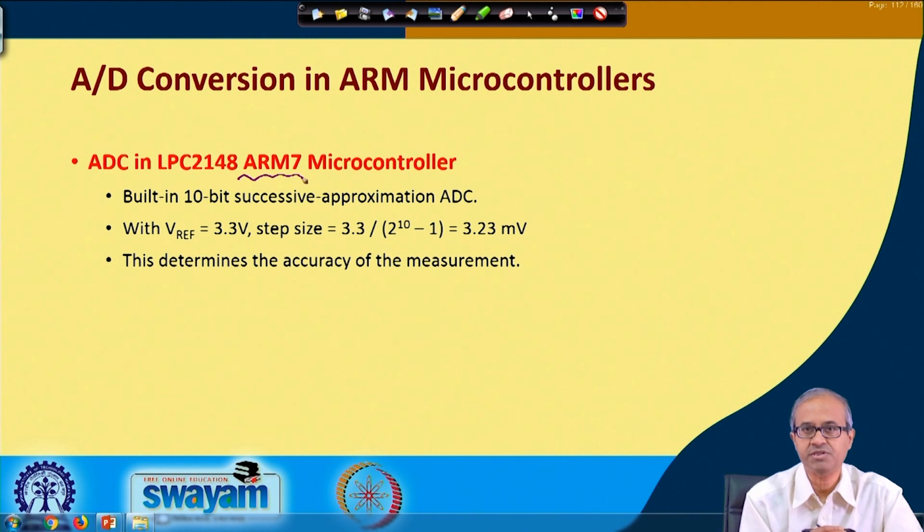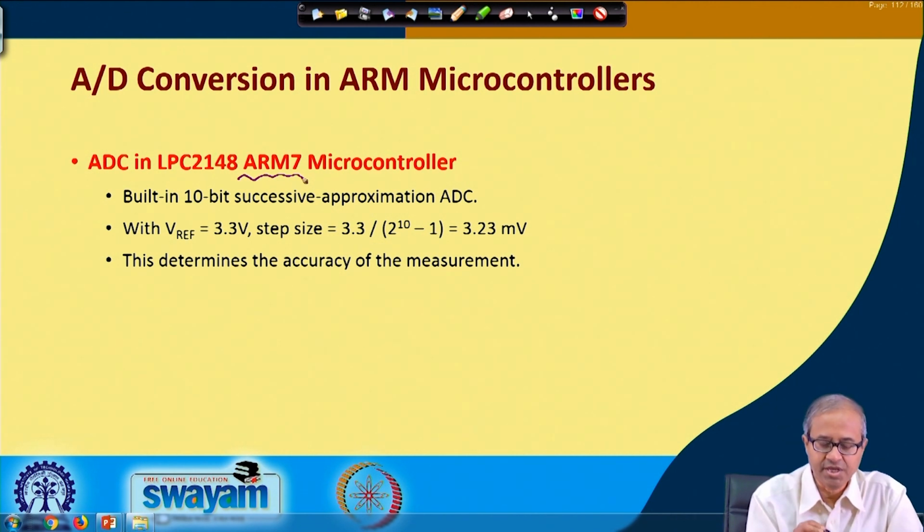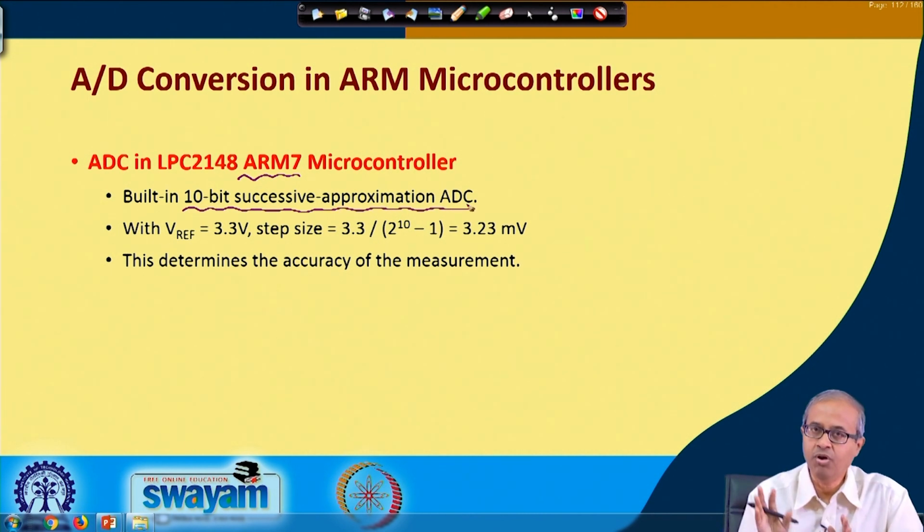The ARM 7 was one of the previous generation ARM processors, microcontrollers. There was a built-in 10-bit successive approximation AD converter. They are all implemented using successive approximation technique because it is efficient, because it requires less amount of hardware.